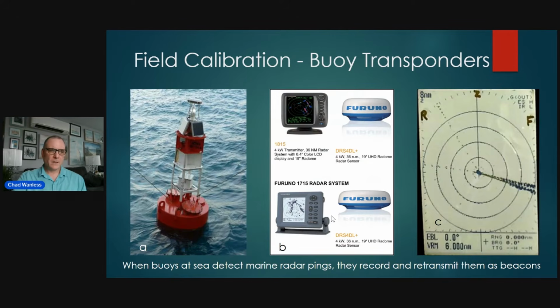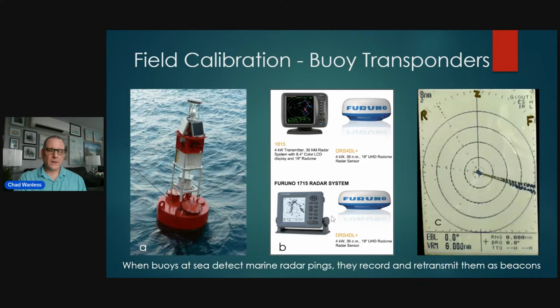Now, we need to go into field calibration, because this is something that skeptics will ask: how about calibration? Was it calibrated? The answer was yes. On the right-hand side, they actually went out, found a buoy at sea. Now, buoys have a transponder on them.